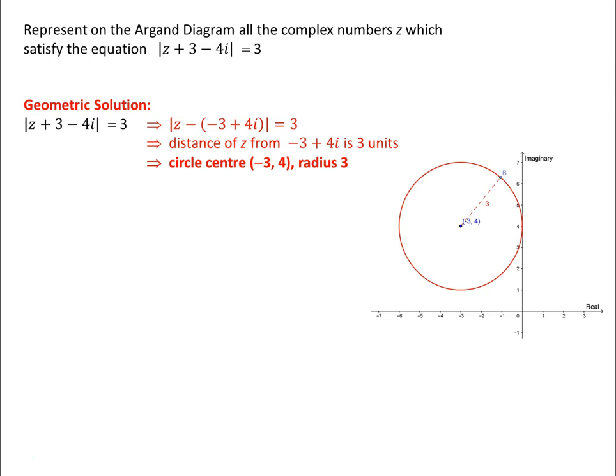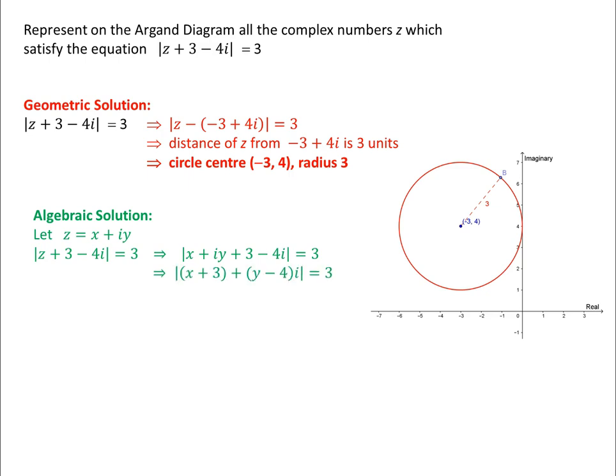Now again, that was a nice neat geometric solution. There is an algebraic solution. So if we go for the algebraic solution, we start off by letting z equal x plus iy. So the condition that I've got becomes the modulus of x plus iy plus 3 minus 4i has got to equal 3. Collect together the real terms and collect together the imaginary terms, which means that I've got the modulus of x plus 3 plus y minus 4 lots of i must equal 3.